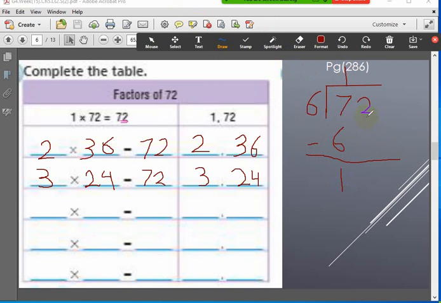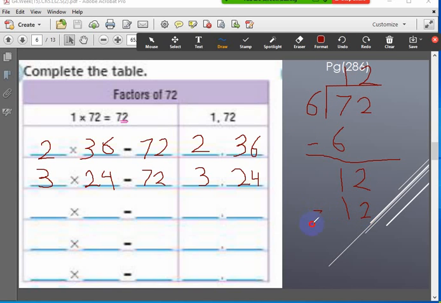Equals 1. Then I will put the 2 next to the 1, so it will be 12. 12 divided by 6 equals what? What is the number that if you multiply it by 6, the answer will be 12? It's 2. 2 multiplied by 6 equals 12.